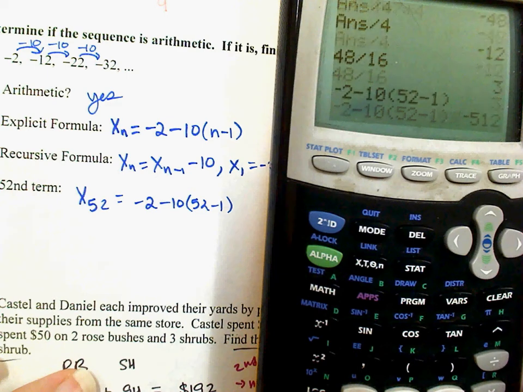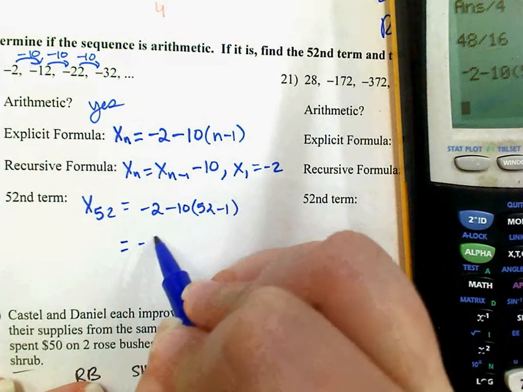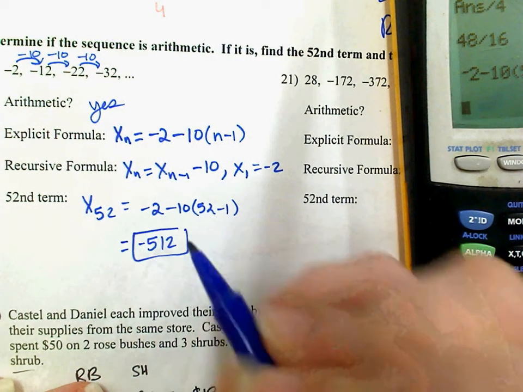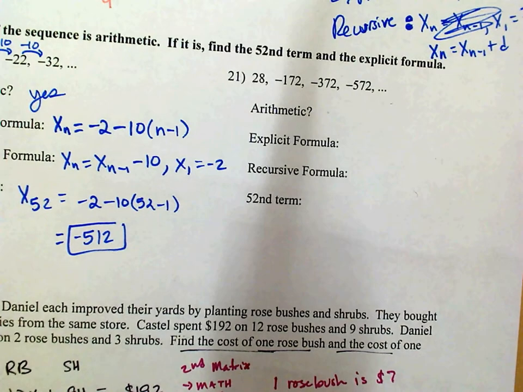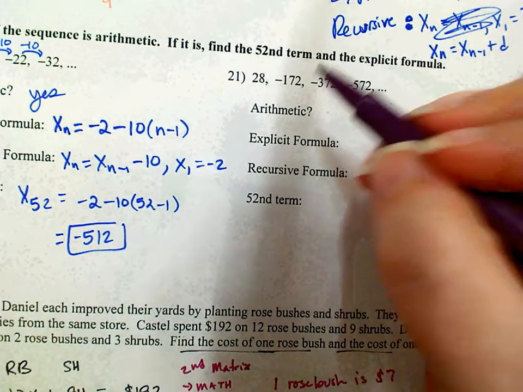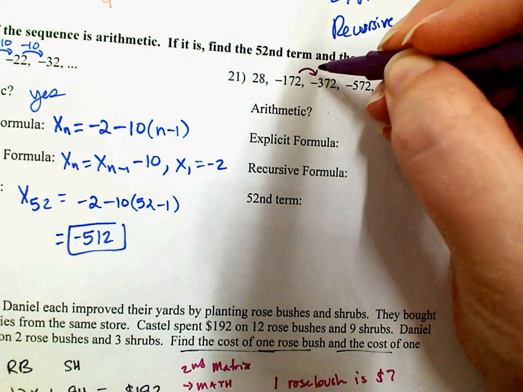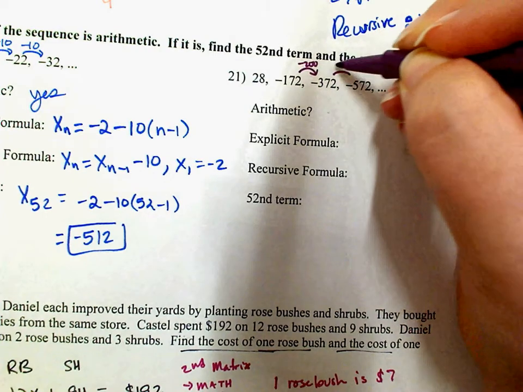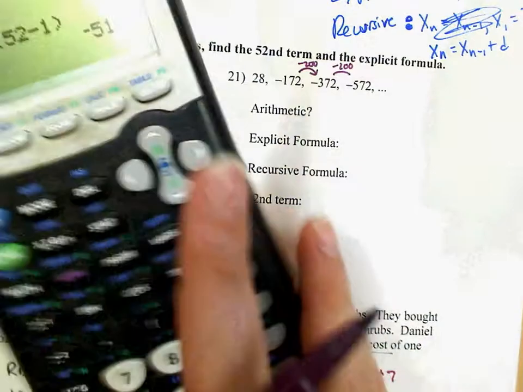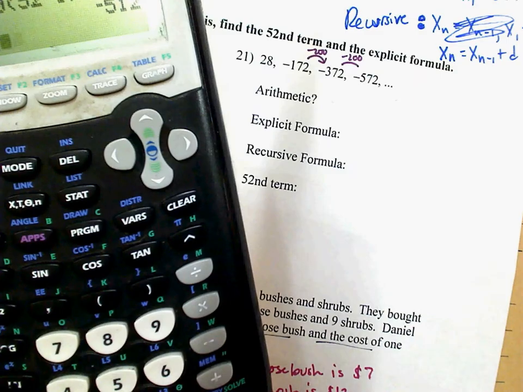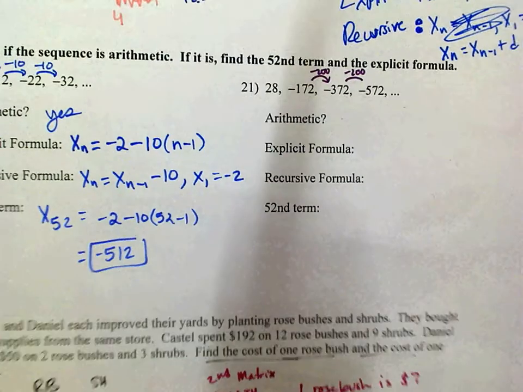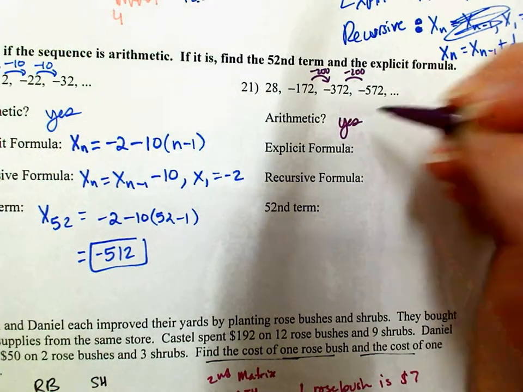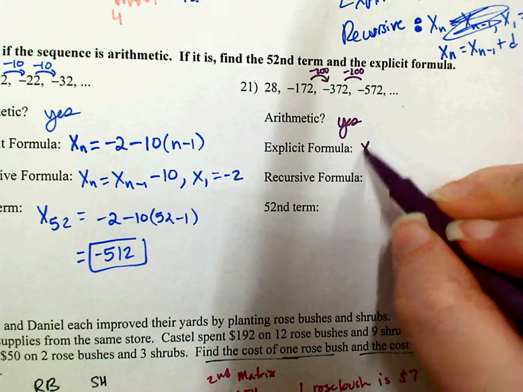And then on 21, I noticed that between 172 and 372, it is negative 200. And if I subtract, if I say 28 minus 200, then I get negative 172. So the common difference is negative 200, which means the explicit formula is x sub n equals the first term minus the common, or plus the common difference. I'm going to go ahead and say plus and minus, and then n minus 1.